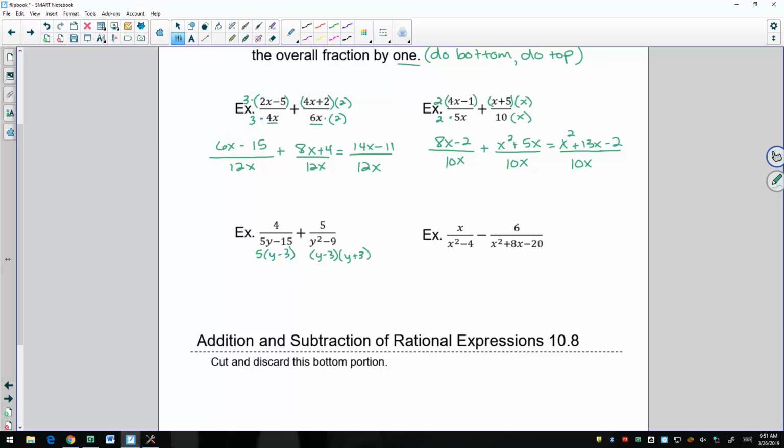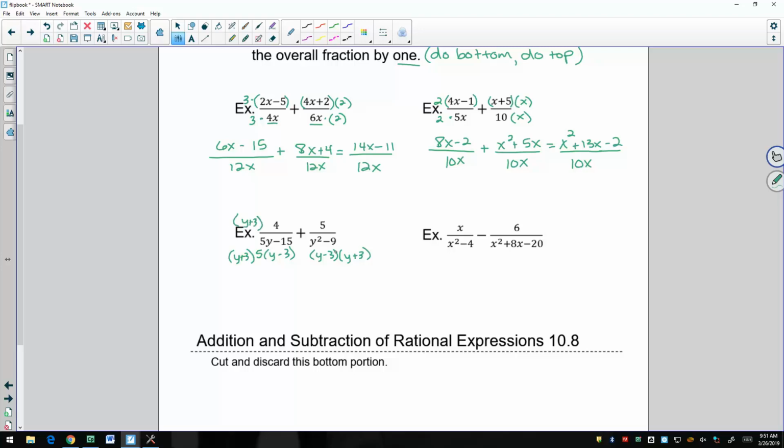Well, now I can notice my common denominator basically has to have one of everything that's on the left and the right together. Well, they both already have a y minus 3. But this side is missing this side's y plus 3. So I'm going to multiply this side by y plus 3, but whatever I do to the bottom, I have to do to the top.